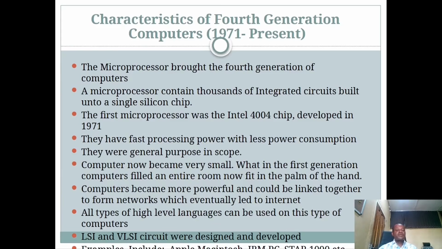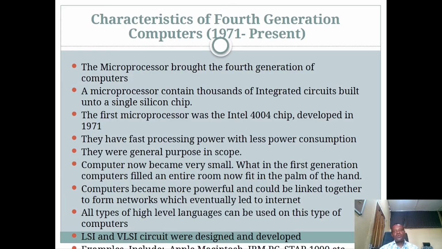A microprocessor contains thousands of IC, that is integrated circuit, built onto a single silicon chip. Microprocessor is important in the computer system because that is what we consider as the brain of the computer system.